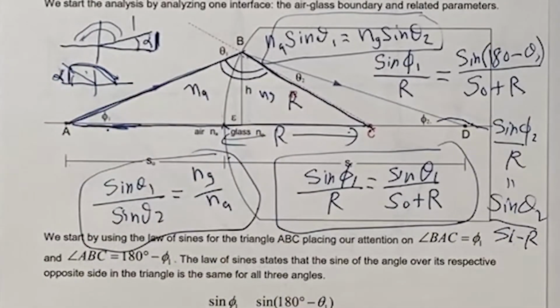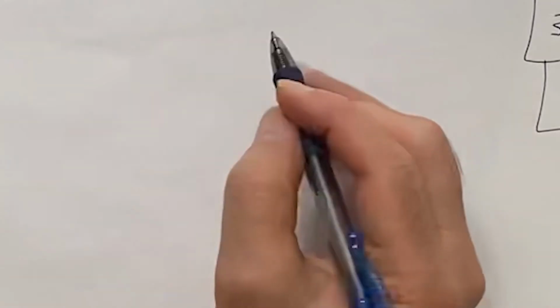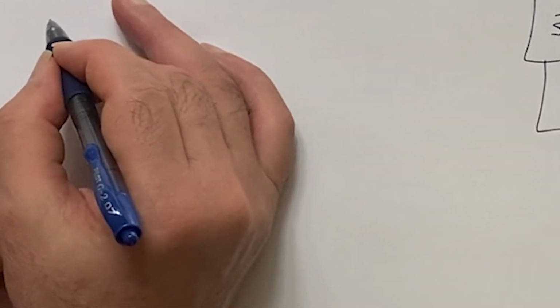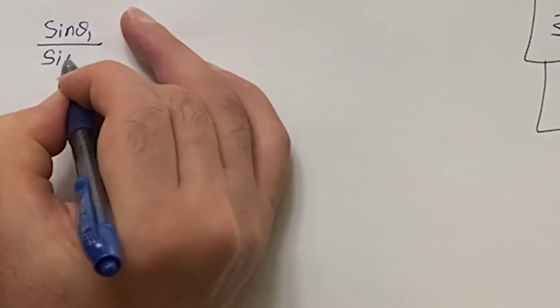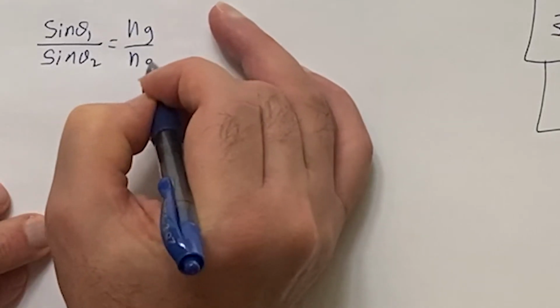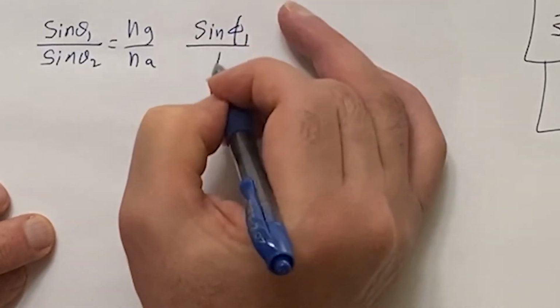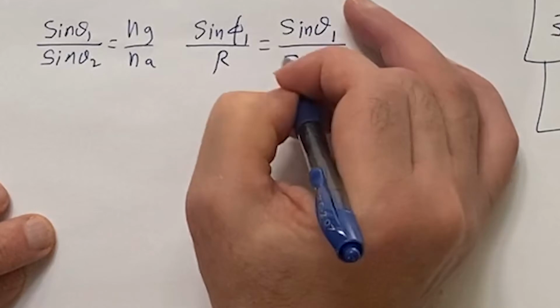So now what I would like to do is write down these three equations for you, to copy and have a summary. The sine of theta 1 over the sine of theta 2 is glass over air, and then the sine of phi 1 over r is the sine of theta 1 over SO plus r.